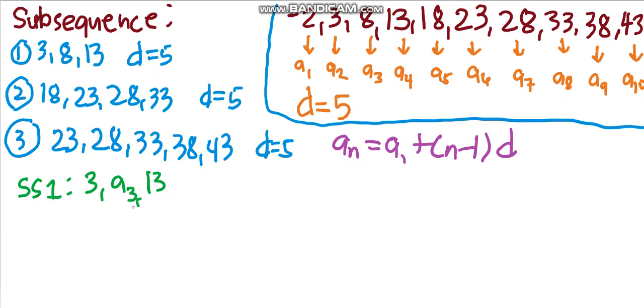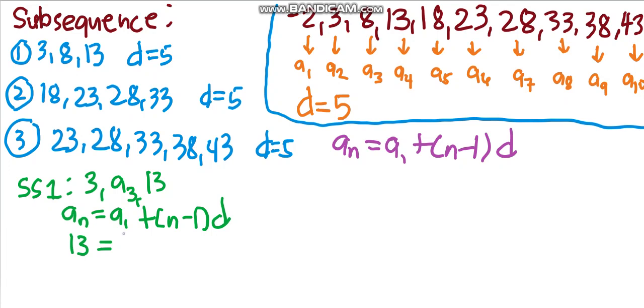So, let us check if D is still 5 and a sub 3 is 8. Let's solve first for D. So, a sub n equals a sub 1 plus n minus 1 times D. Based on subsequence 1, our last term is 13.